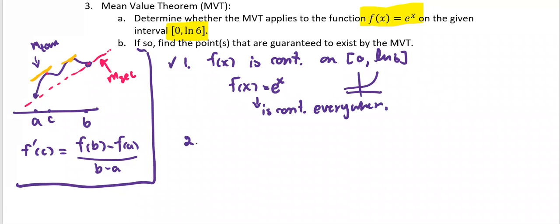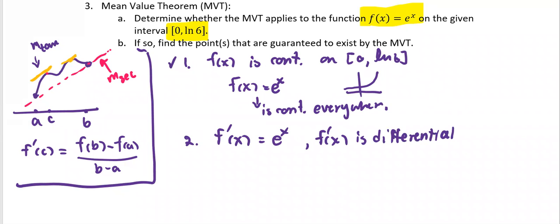Okay. Number two, the derivative of the exponential is the same form, e to the power x. So we can say f is differentiable on the open interval 0, natural log 6.